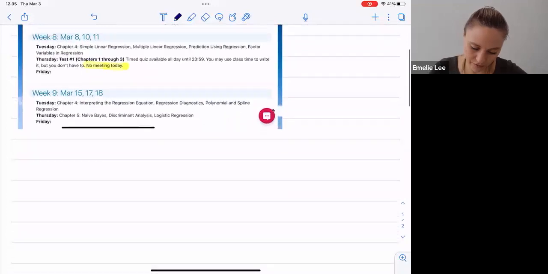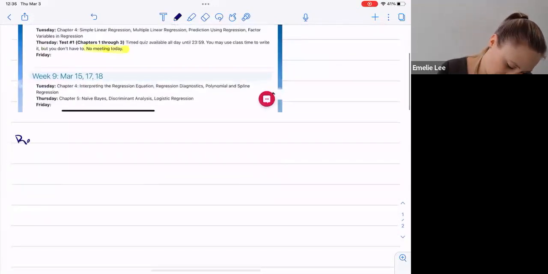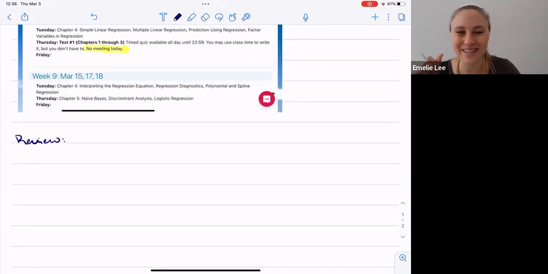So for a little bit of review, the last little piece that I snuck in was the type 1 and type 2 errors that we could have when we're doing a hypothesis test.